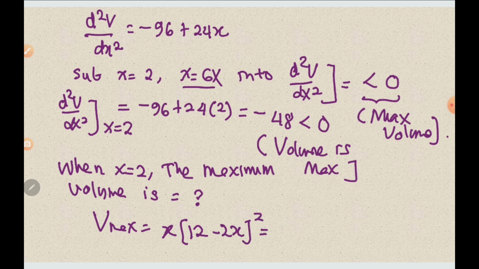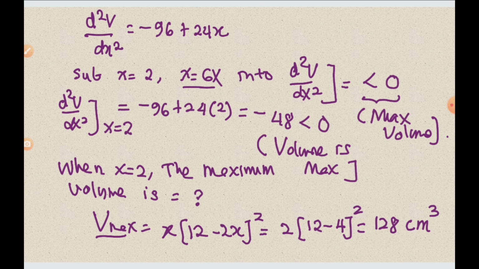You substitute 2 times (12 minus 2 times 2), that is 4 squared, and the answer is 128, and the unit is centimeter cube, because we are talking about volume. So this is the answer. The maximum volume is 128 centimeter cube when x equals 2 centimeter. Okay, thank you.